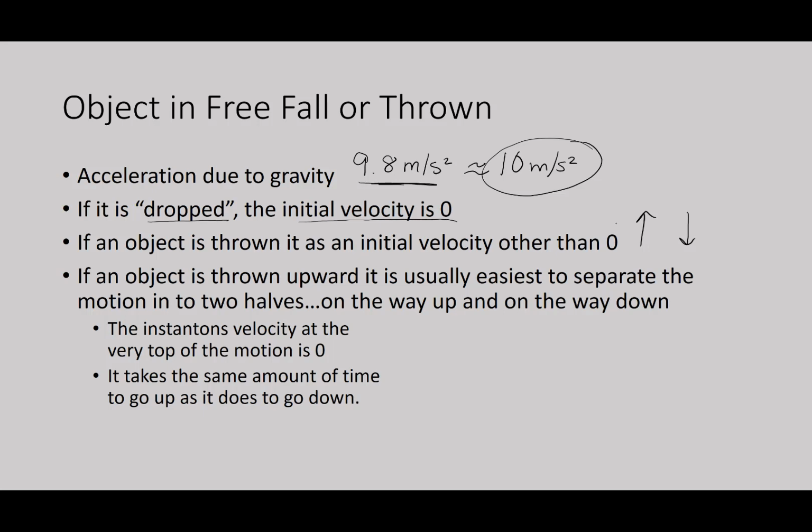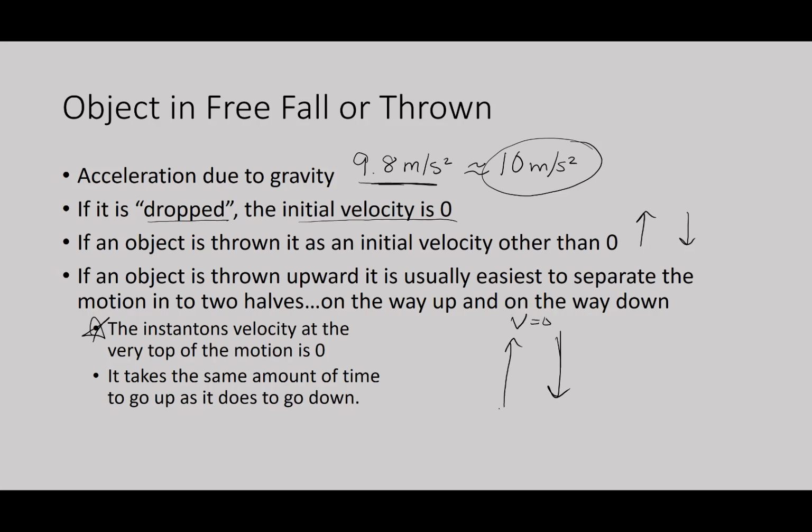Okay, and then our fourth one is that if an object is thrown upward, it's usually easiest to do these types of computation problems by separating the motion into 2 halves. Okay, motion on the way up and the motion on the way down. The reason for that is because we know that the velocity at the very top of the motion is equal to 0.